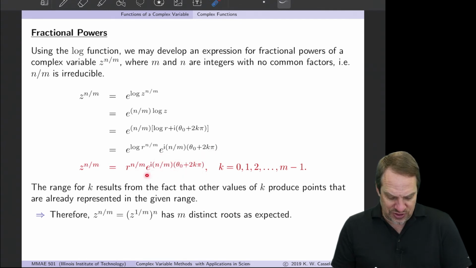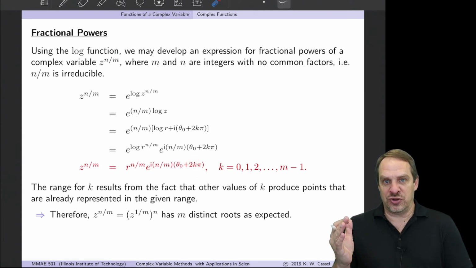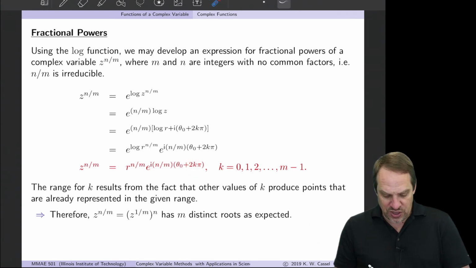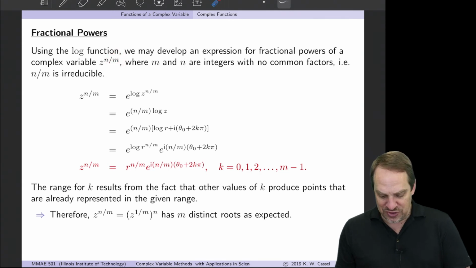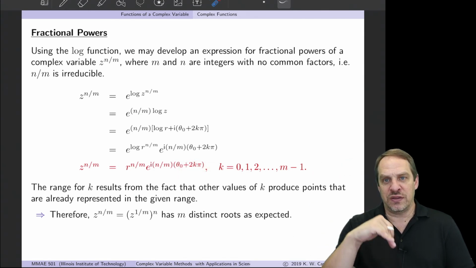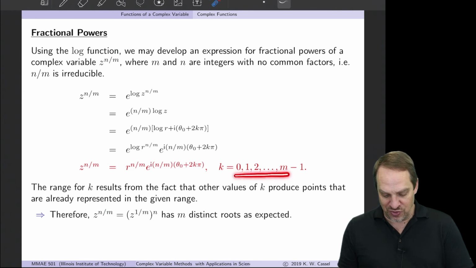Now one thing that's interesting is that while k in general is any integer, positive, negative, 0, it turns out that k here goes between 0 and m minus 1, m being the denominator in our fractional power. What happens is all of the other values of k, negative values, and m and above, they all just give us back values that are already within this range.